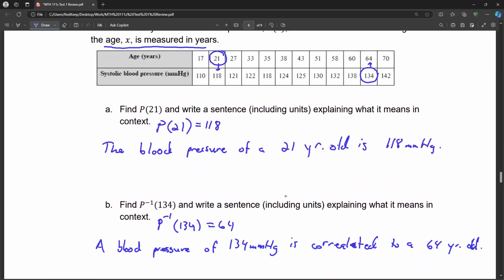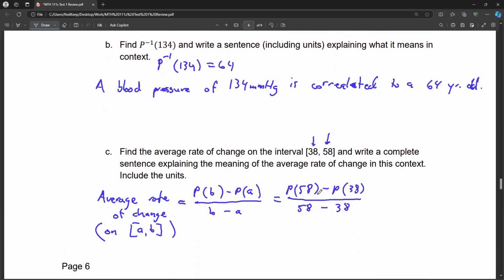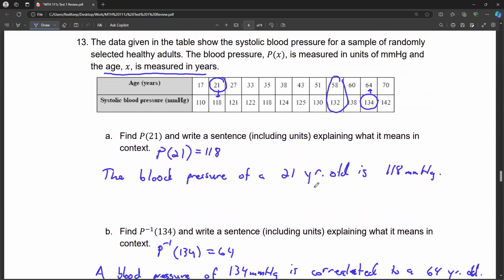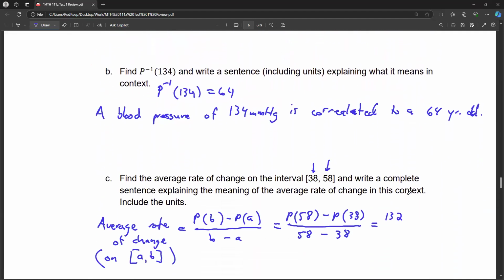And I see that here, right? Blood pressure of a 58-year-old is 132 mmHg. Let's go ahead and put that in. 132. And the blood pressure of a 38-year-old, right? That's here. It's 124 mmHg. So minus 124. And then the bottom, 58 minus 38, that's equal 20.